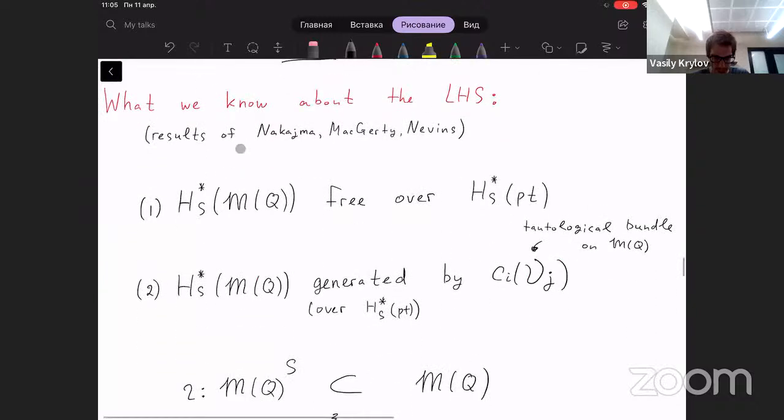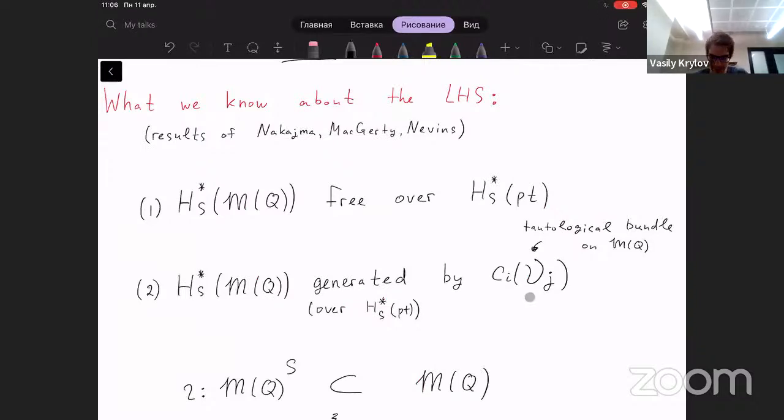Due to Nakajima, McGerty, and Nevins, it is known that this equivariant cohomology is a free module over the equivariant cohomology of a point. Even more, it's known that this equivariant cohomology is generated by the Chern characters of the tautological bundles on quiver varieties.